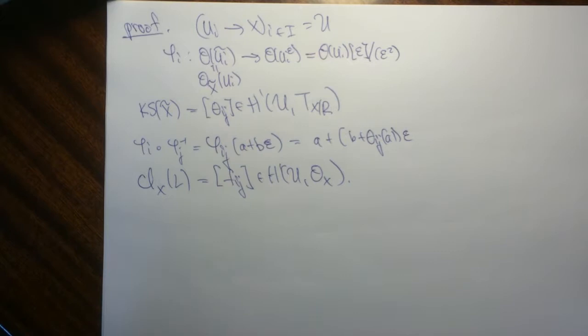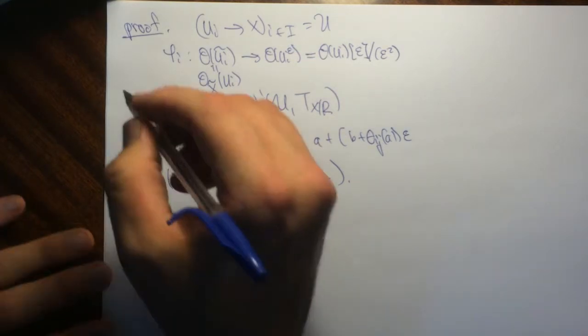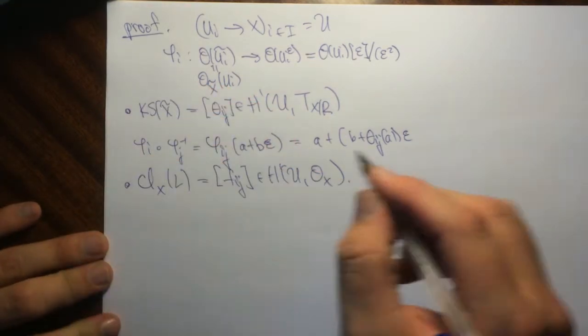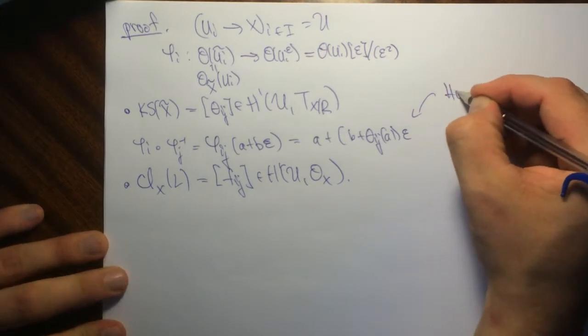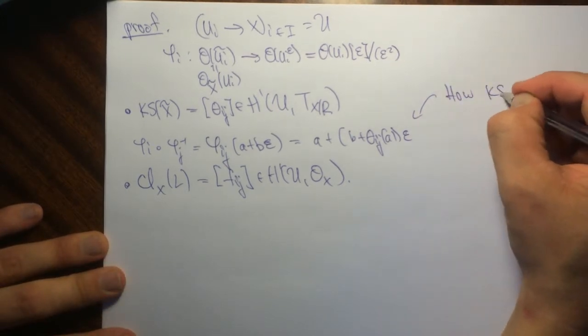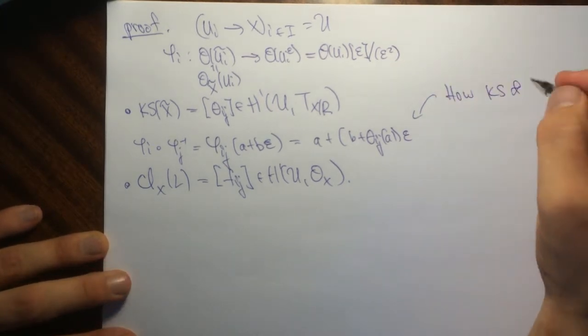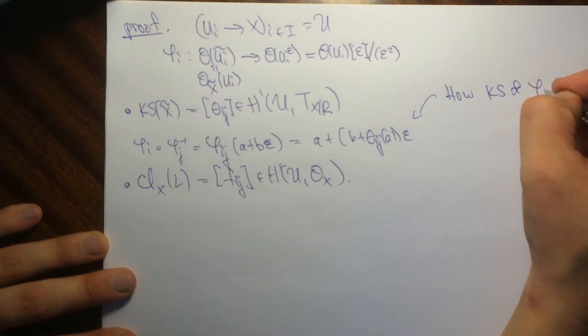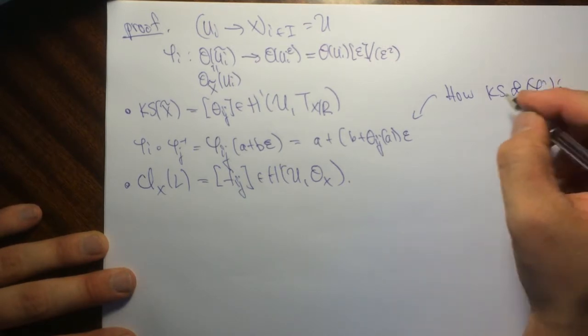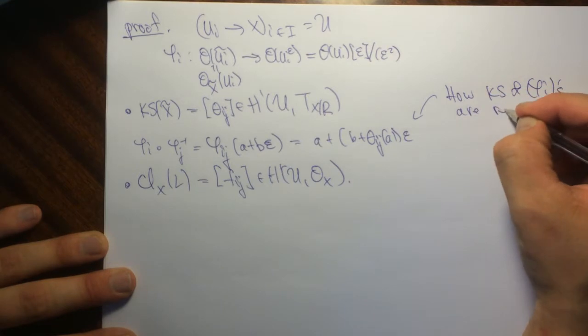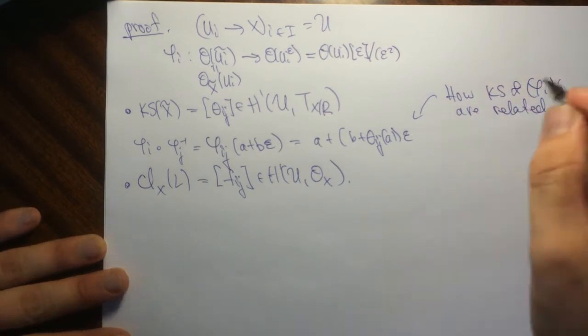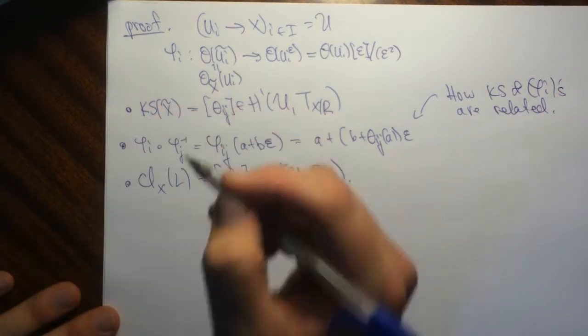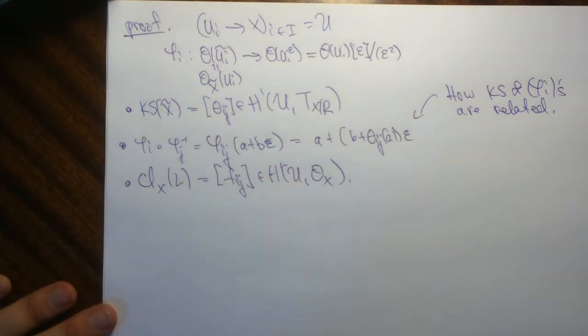So we have the Kodaira-Spencer class, we have this, this is how they are connected, and the phi_i's are related. What else do I need to talk about? I think we're ready to start proving the theorem now.